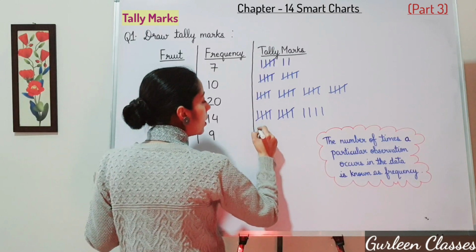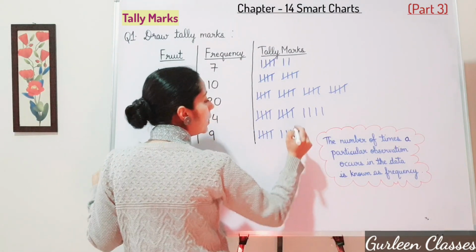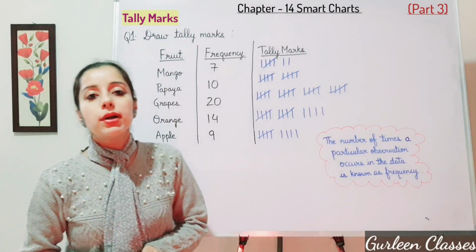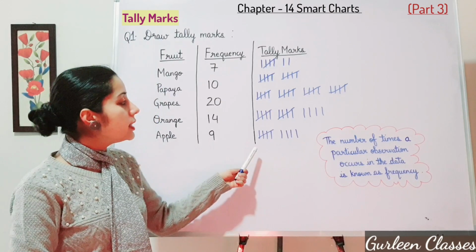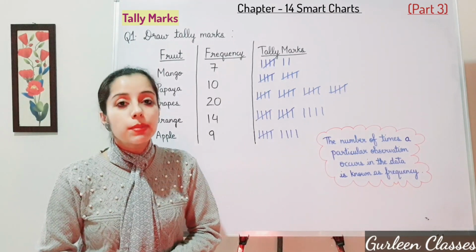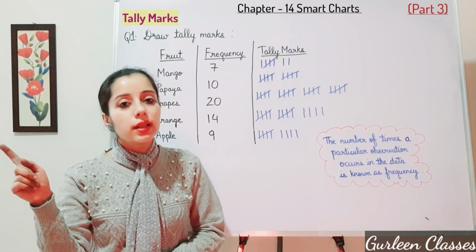Apple 9: 1, 2, 3 up to 9. I hope students now you are able to draw tally marks. It is very easy. You simply have to draw the lines. Whenever the fifth number comes, multiples of 5, 5, 10, 15, 20, you simply have to cut the diagonal.